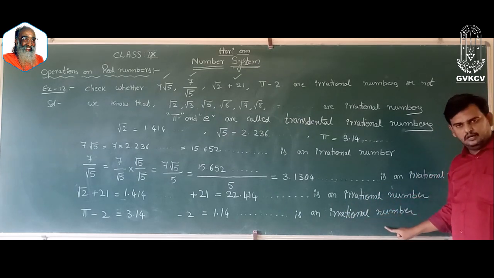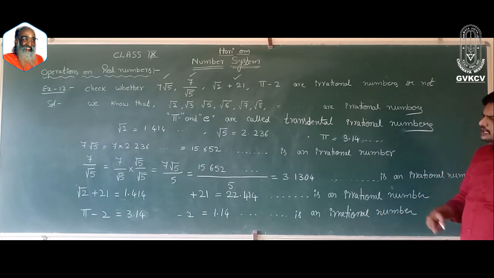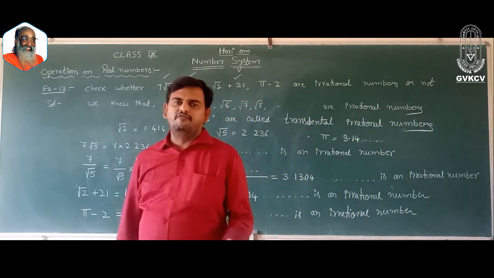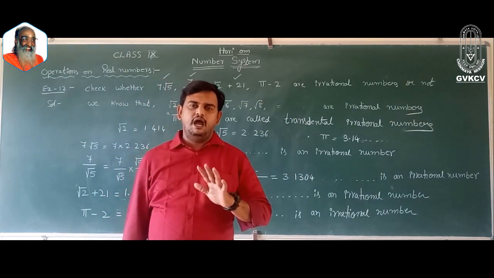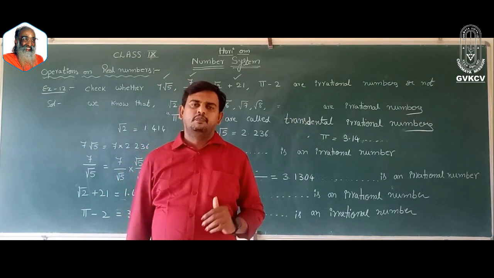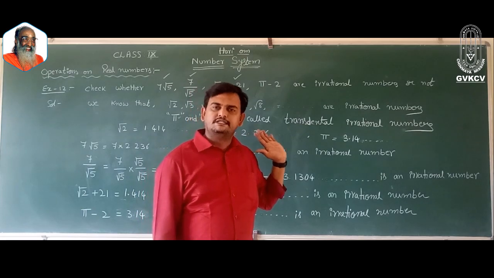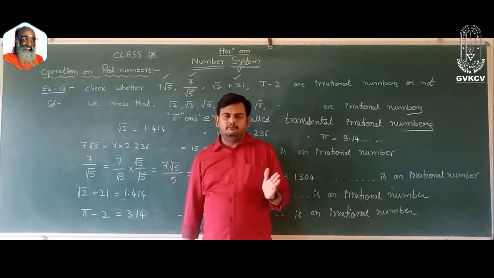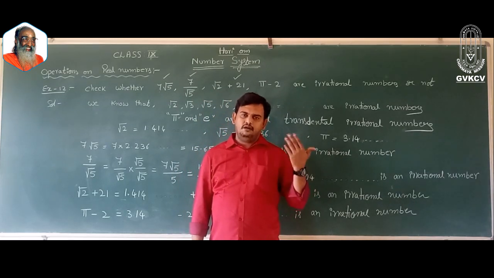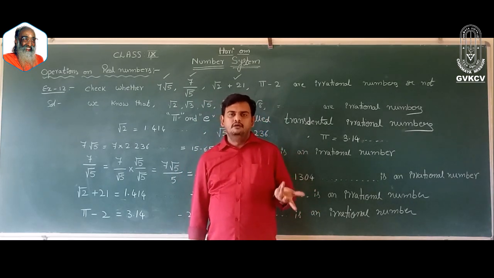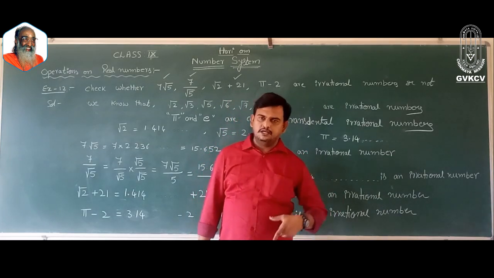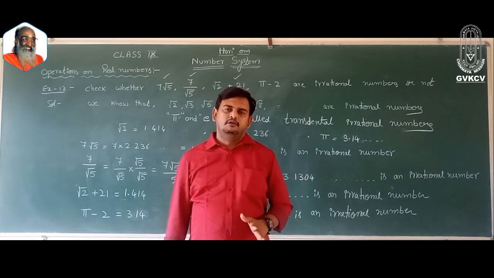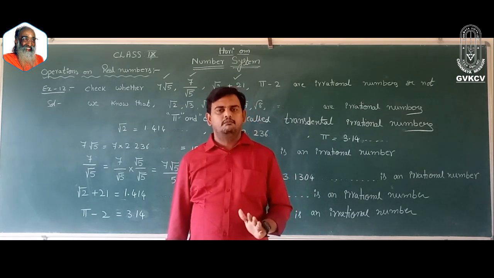If you subtract, irrational number. Any operation you perform between a rational and an irrational, our final answer is always an irrational number. That we are observing from this example. So, the sum, difference, multiplication or division between any rational and an irrational is always an irrational number. That we have to keep in our mind.